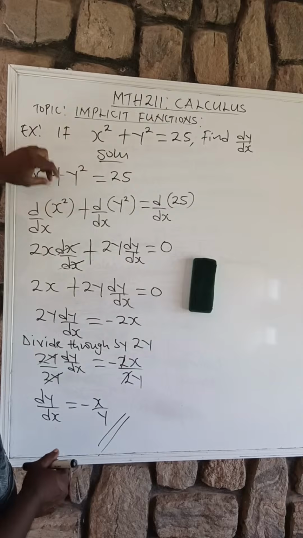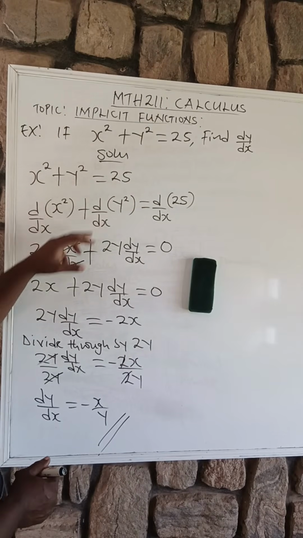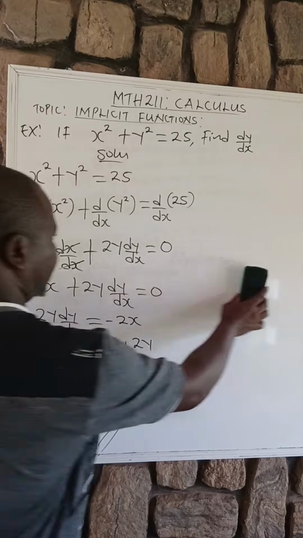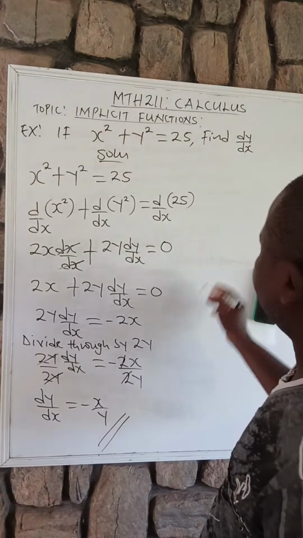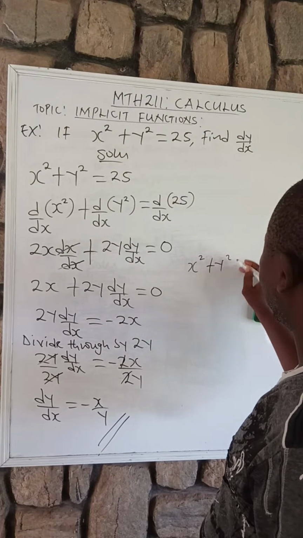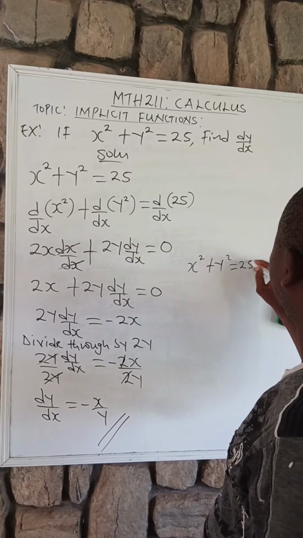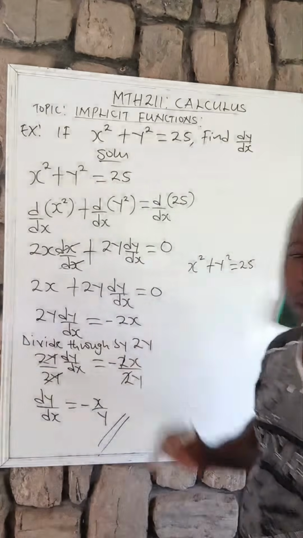Anytime you want to differentiate an implicit function, just approach it this way. Like we have x squared plus y squared equals to 25. So at this point, look at the board.